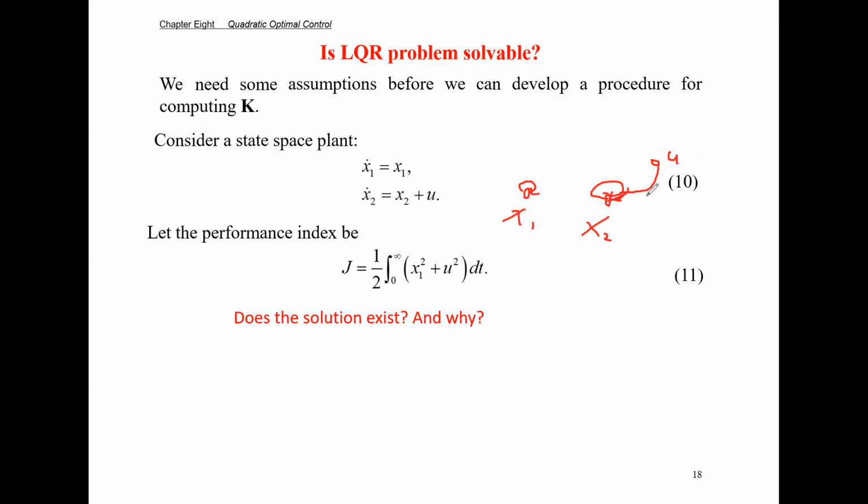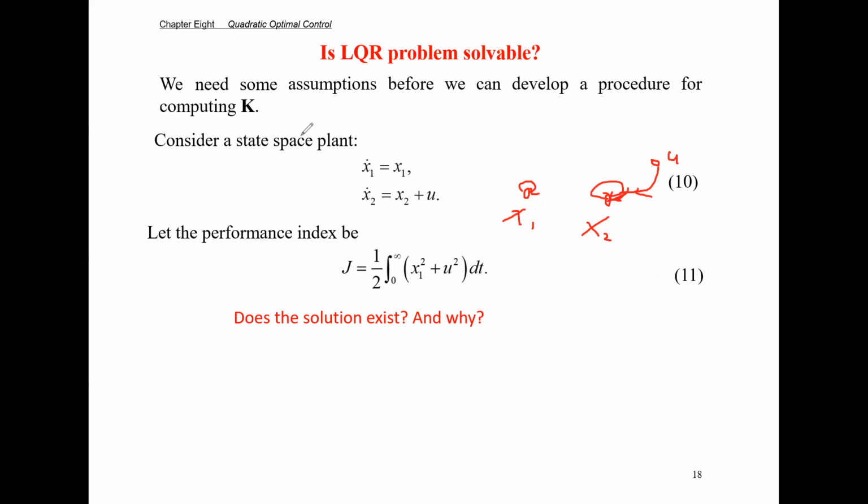If we use a graph to show the relation between the states and the input, do you see some problem? Uncontrollable, right? Whatever you apply as the input, x1 is not affected.